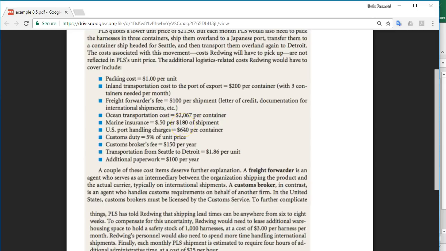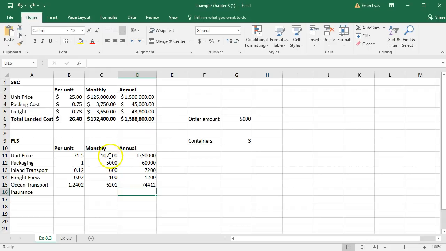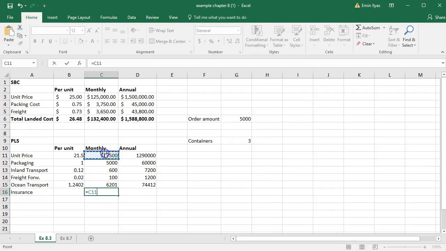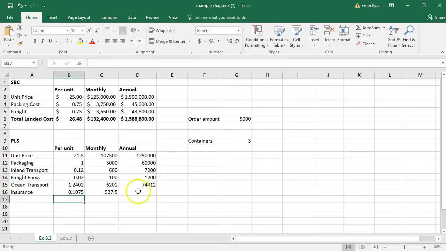But in our case, our total product price is $107,500, and in this case, our monthly will be 0.5% of this amount. Type equal monthly times 0.5%. And per unit it will be this divided by this, and annual will be times 12.